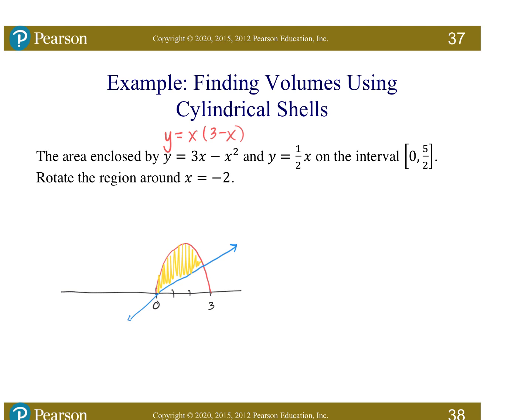I'm spinning it around the vertical axis at -2. So this is our first time spinning it around something. So here's the y-axis, but we're spinning it around this, which is a really interesting shape because then your shape is going to look like this.